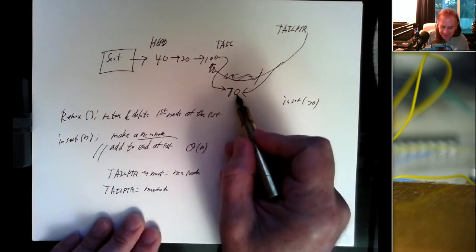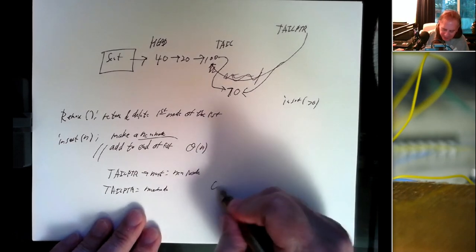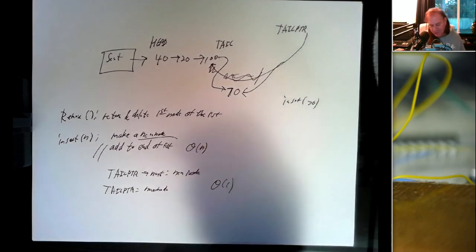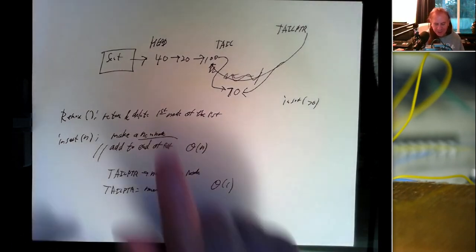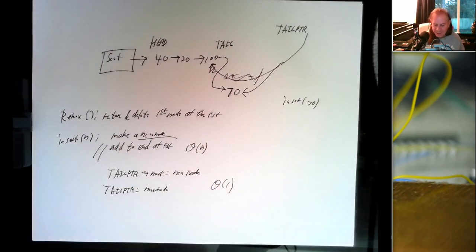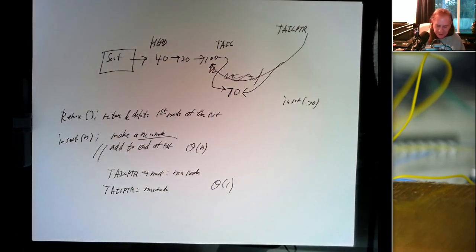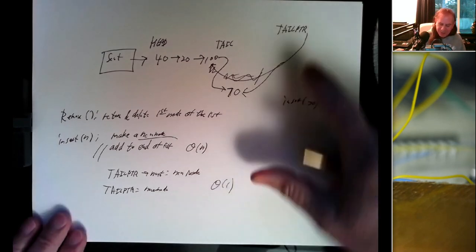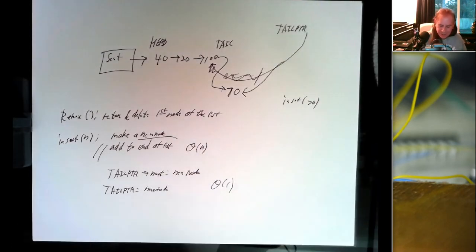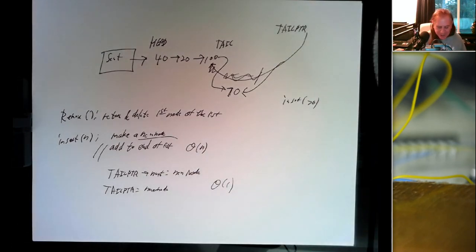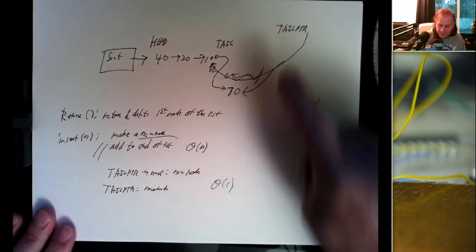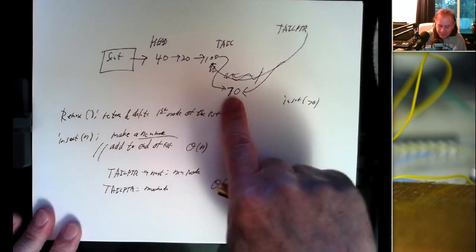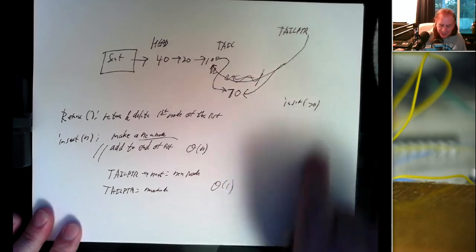So I've added a new node to the end of the list, and this was an order 1 operation. It took a fixed set of steps regardless of how many pieces of data were in here. And things are set up for the next insert, because now my tail pointer points to that last node, which is a 70. Next time I want to insert something, I'll make a new node, follow tail pointer to here, point that thing to the new node, and adjust tail pointer.